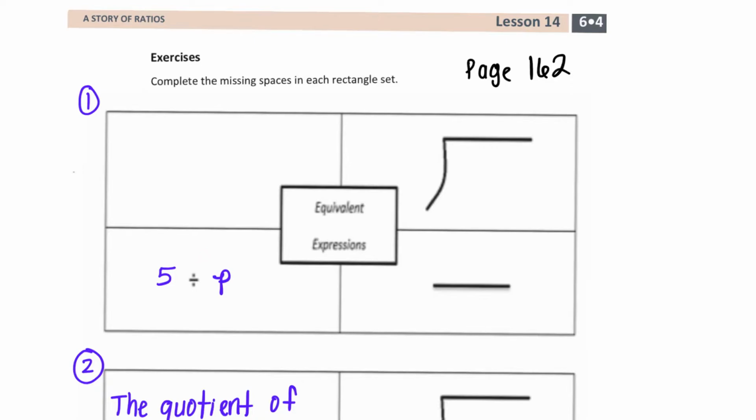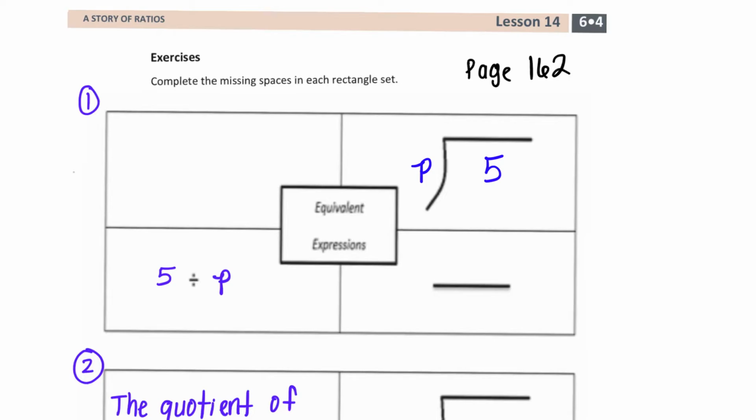Okay, so let's look at the first one. 5 divided by p. So I am going to use the radical because I feel that most students might feel more confident with the radical. 5 is going to be your dividend, and p is going to be your divisor. Let's compute the fraction.